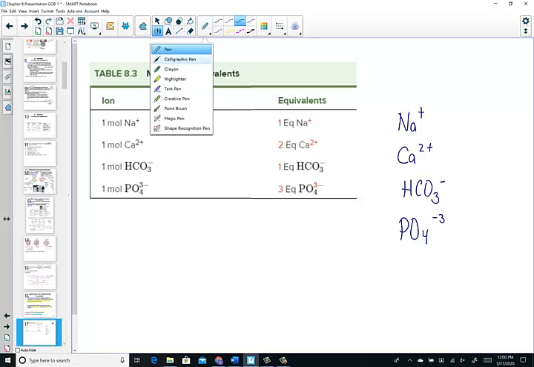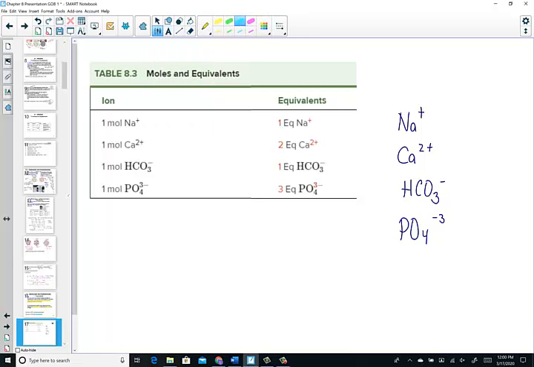When you're asked for the equivalents delivered from every mole of ion, Na+1 delivers 1 equivalent. Ca2+ delivers 2 equivalents. The bicarbonate ion delivers 1 equivalent, and a phosphate ion delivers 3 equivalents. The equivalence is a unit that tells us the charge delivered per mole of the ion.